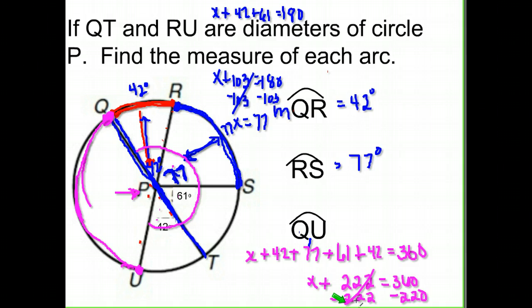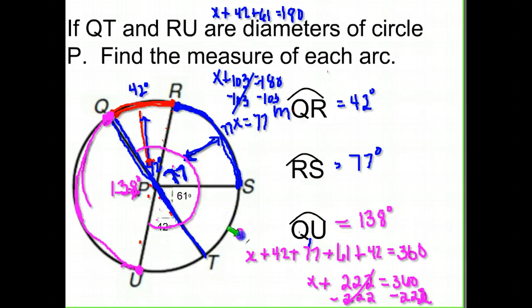So I take 360 minus 222. And I find that there's 138 degrees left to make up this portion of the circle. So my angle here is 138, which means my arc QU, which was again the only remaining part of the arc left, is also 138.